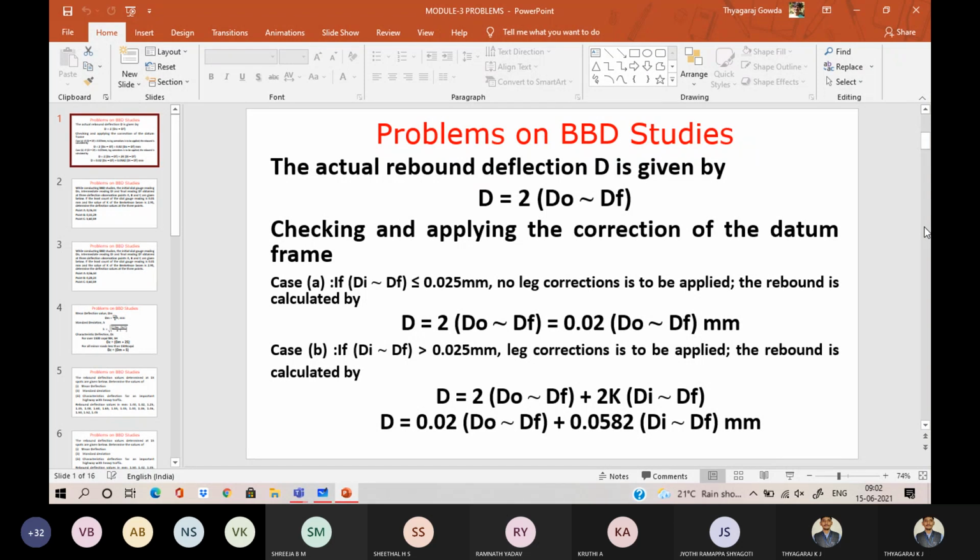If it is greater than 0.025 mm, we have to apply the lag correction. So kindly note down. Write it fast.